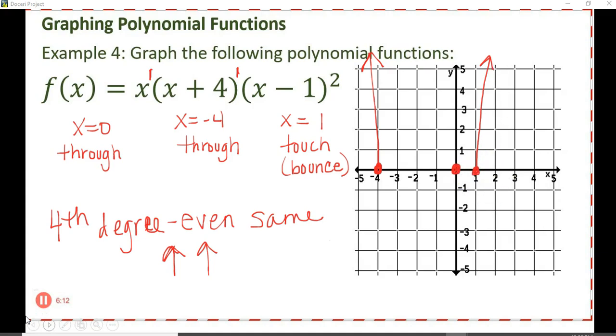So when I am drawing my graph, and again, we don't know unless we actually plot points, it's hard to know exactly how low it would go, but we know that it is going to go through, it is going to come back up, and then when it hits this point, it is going to bounce.